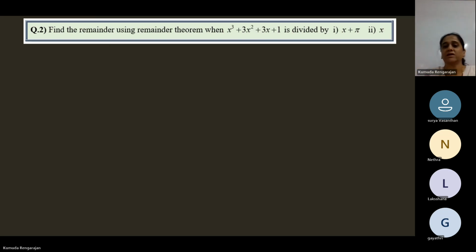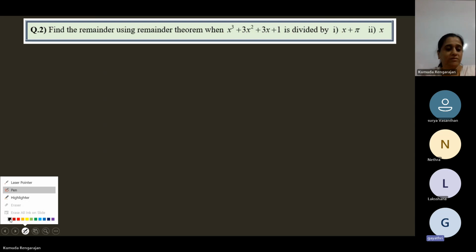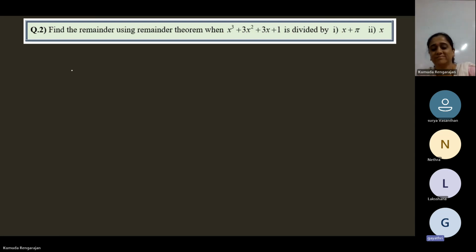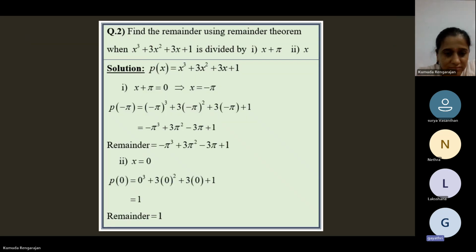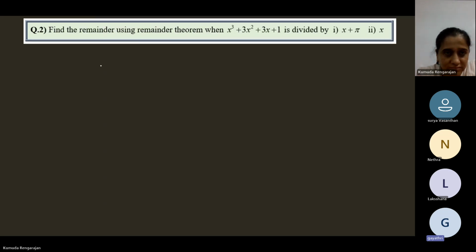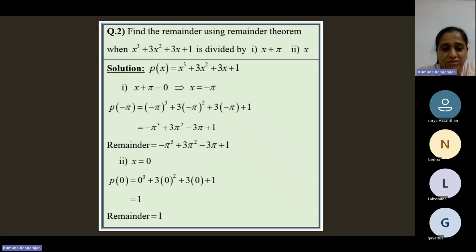Well, for the first division, I'm not sure, but in the second division, I got 1 as the answer. Okay. For the first one? I got minus pi cube plus 3 pi square plus 3 pi plus 1. Minus 3 pi plus 1. Oh. Correct.